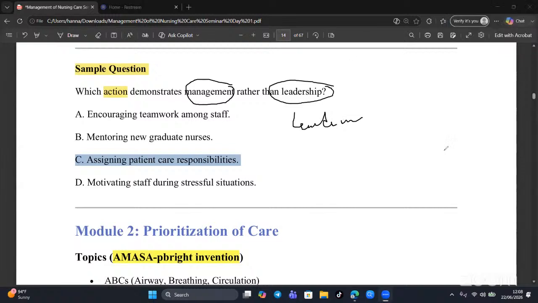Yes. What I'm actually saying is the management focuses on the responsibility of each individual staff by assigning patient care responsibility to them. I don't know how to explain further than this.